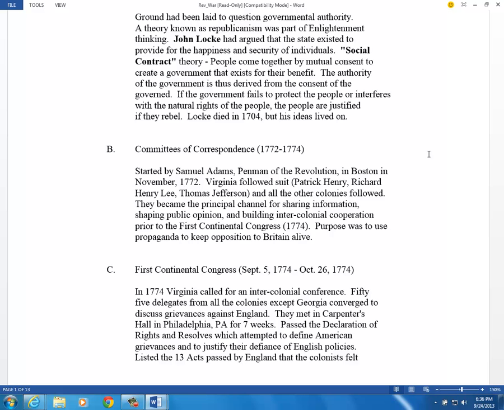Many of them are not in favor of the war, but the ones who are have to figure out a way to organize so that they can fight this. They need soldiers, they need equipment, they need clothing, organization, they need authority to be able to do it, so they determined that they had to come up with some national type of organization. They can't just be 13 individual colonies trying to fight this war.